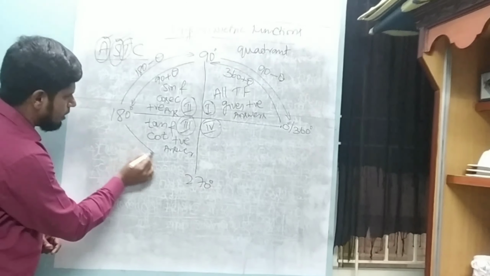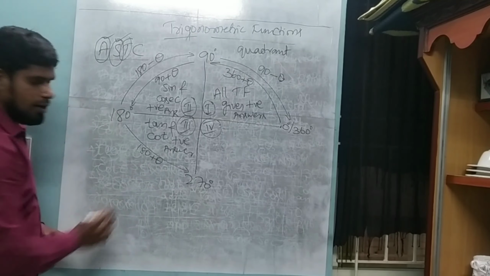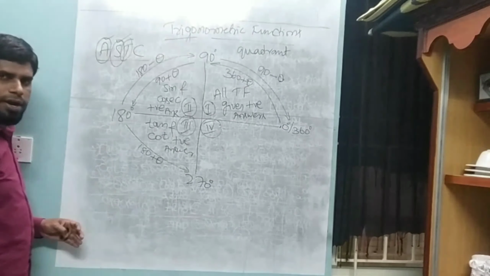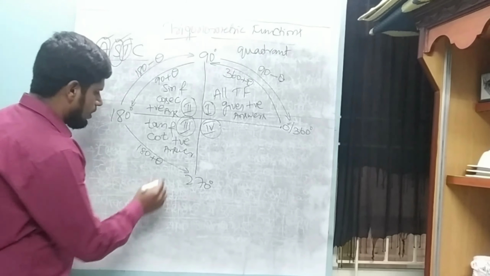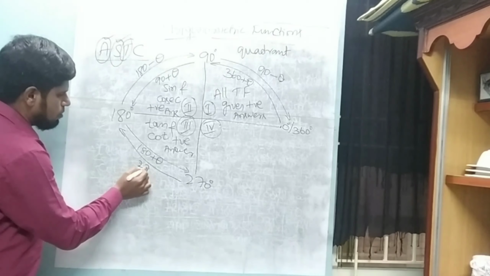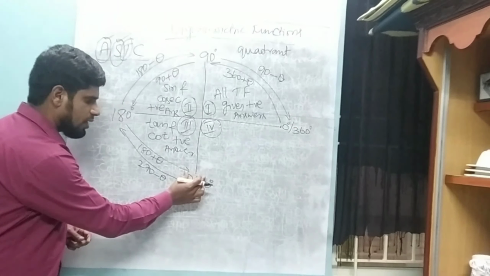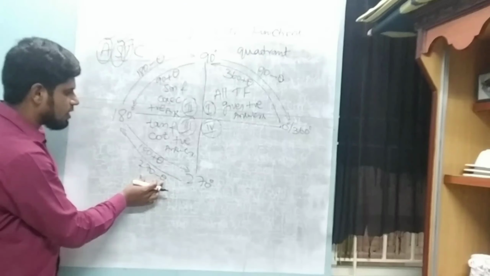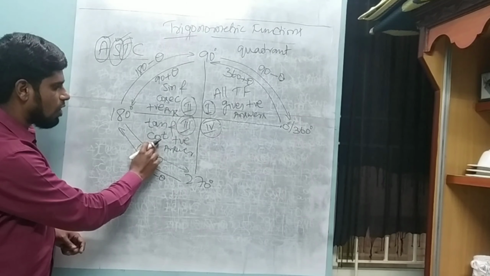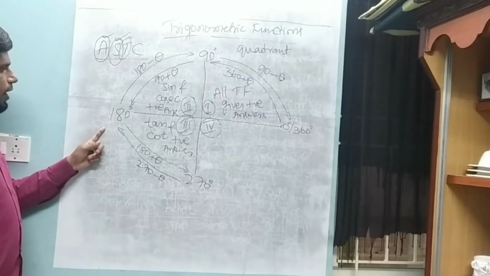The third quadrant can be represented by 180 plus theta. If I add something to 180, it will come in the third quadrant. And the other way is 270 minus theta. If I remove something from 270, then that falls in the third quadrant. And in the third quadrant, the tan function and cot function give positive answers. The other four functions give negative answers.